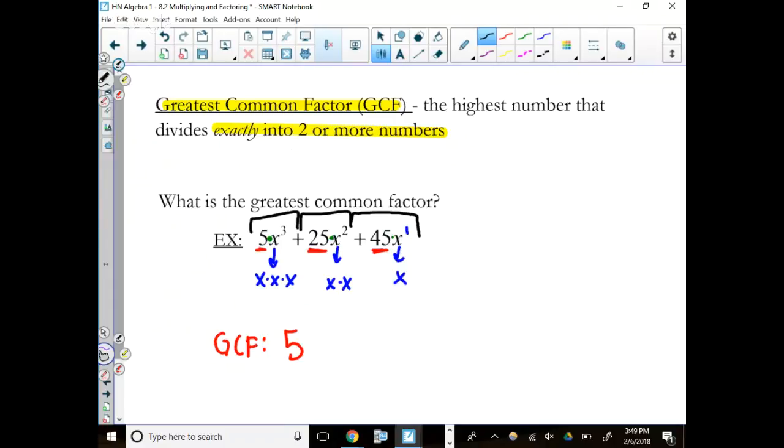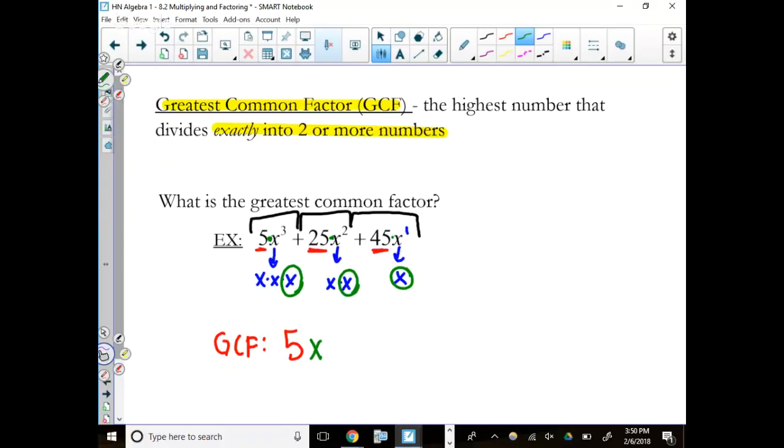So greatest common factor is that you are looking at what they all have in common, okay? So if you look at it here, there's an x here, there's an x in this one, and an x in this one, okay? So they all have an x in common. So 5x would actually be the greatest common factor, okay?